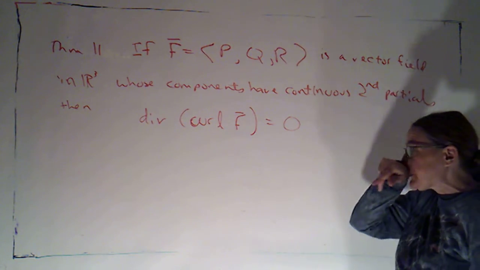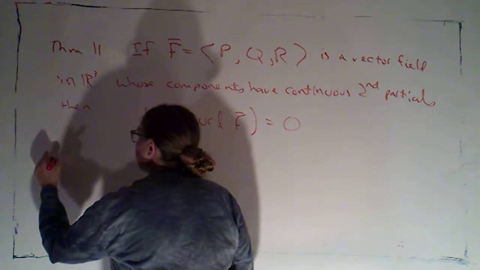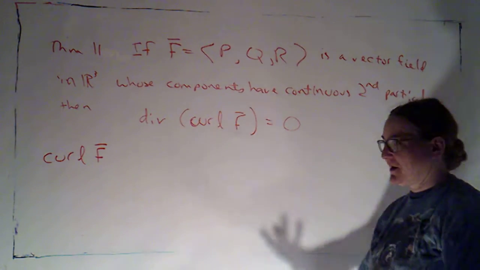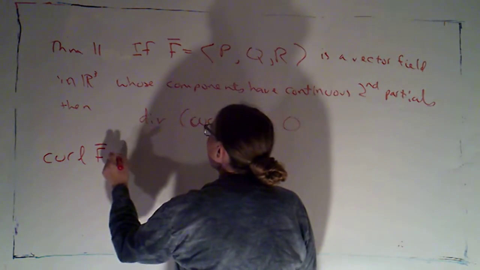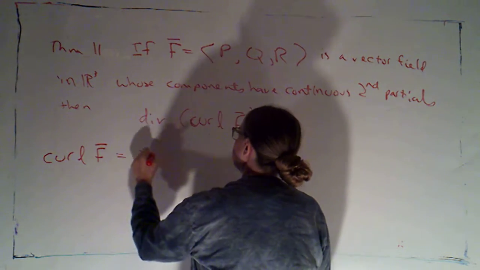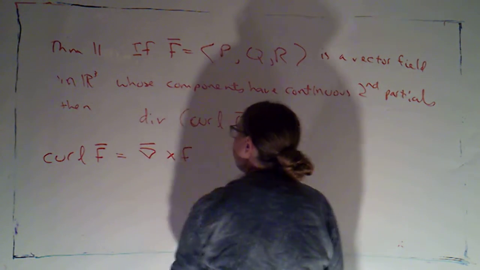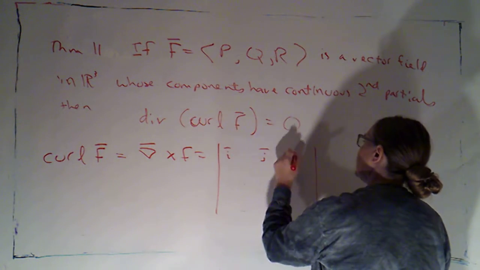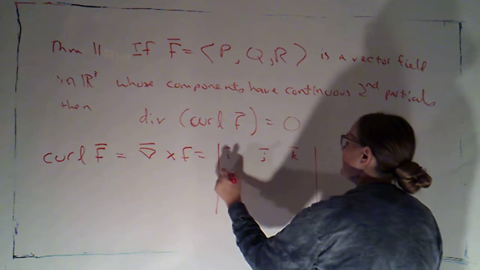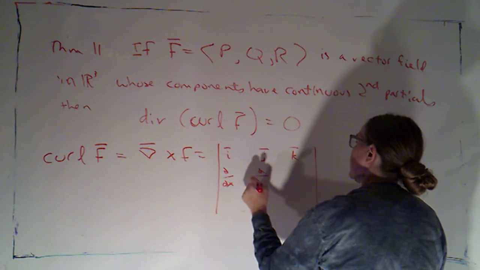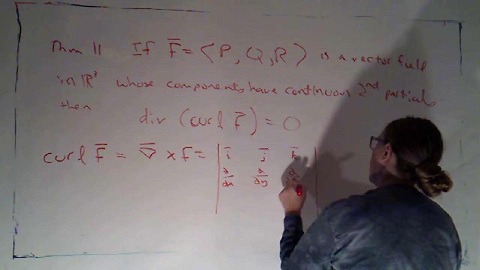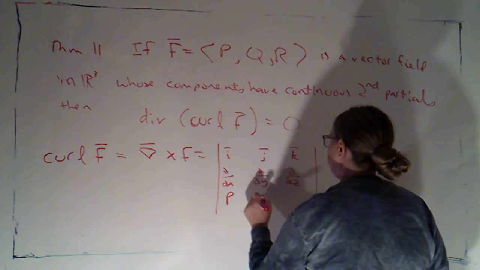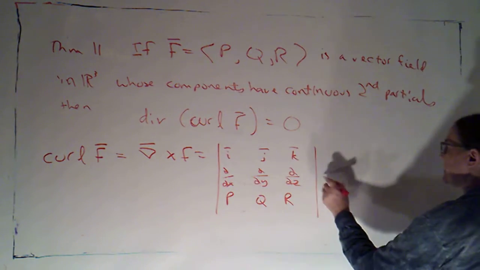So I'm going to work out what's the curl of f. Once I've done that, we'll take the divergence of it. So the curl of f is del crossed with f. So that's just my symbolic determinant, i, j, k, partial with respect to x, partial with respect to y, partial with respect to z, component functions p, q, and r.